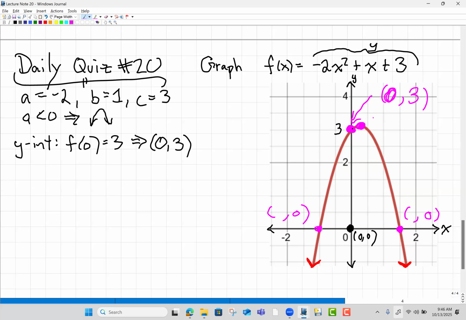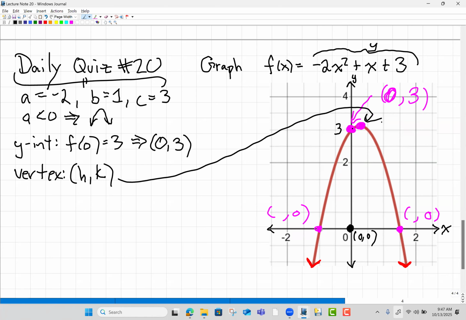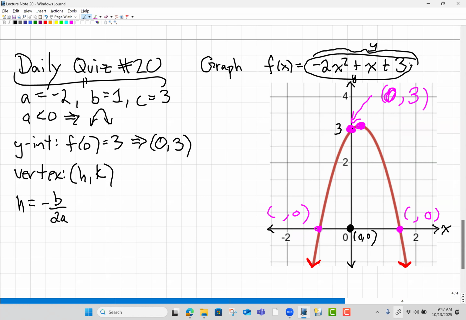Luckily we have a formula. For the vertex, remember, we like to use the letters H and K. It's so important the coordinate has its own name. And the H here is always given by negative b over 2a. So if you're stuck with it in general form, you kind of have to use this.